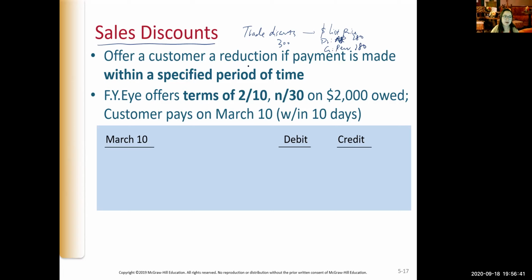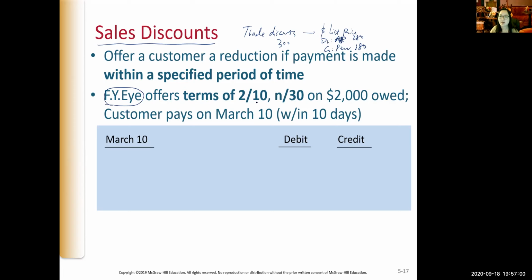A sales discount is intended to provide an incentive for the customer to quickly make payments. So for example, this FYI offers terms of 2/10, n/30.